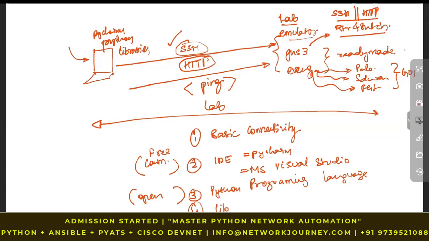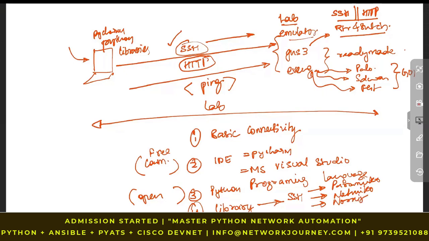You need to decide which library you would like to go with. If you think about SSH, let's say the connectivity was happening via SSH, you have a lot of options available. You can go with Paramiko, you can go with Netmiko, or you can go with Nornir.